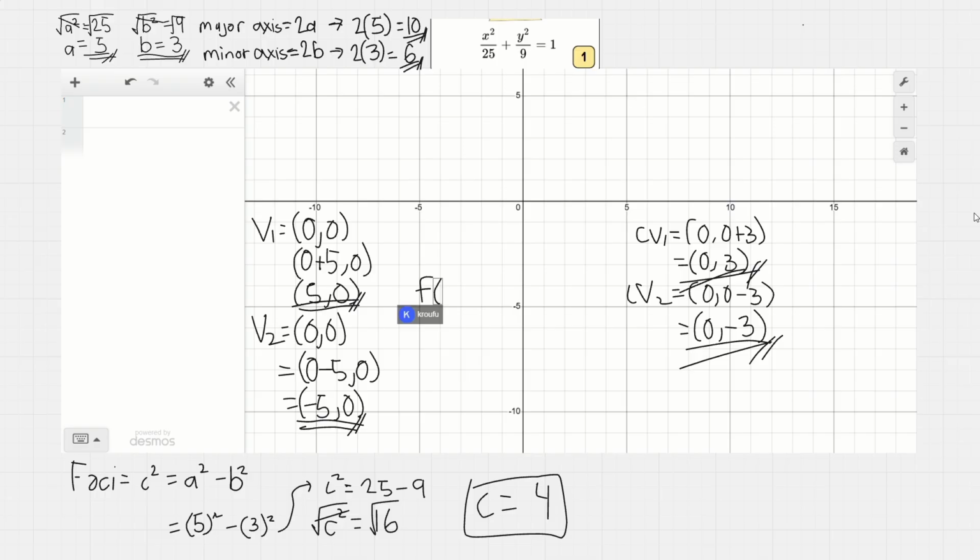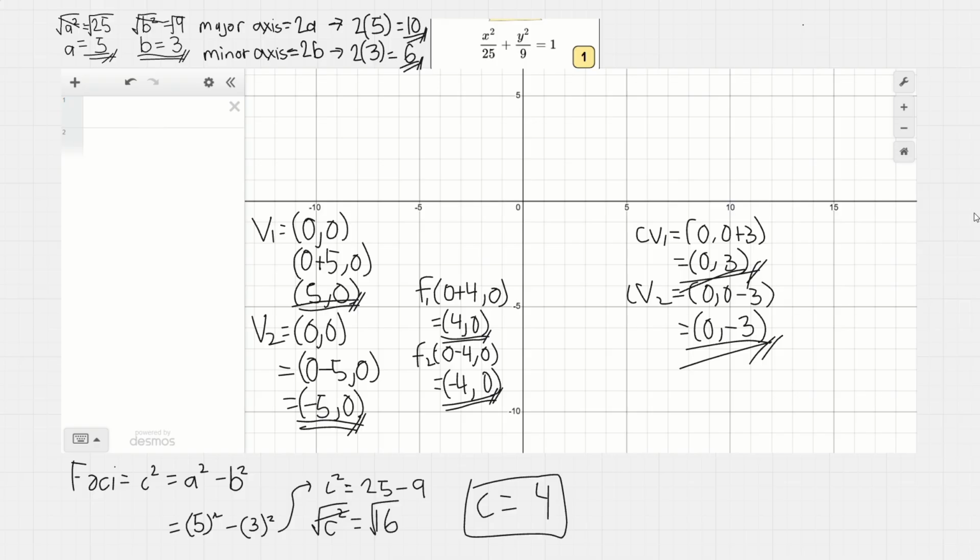The focus will be 0, we start at the center again, plus 4, comma 0. We get the other focus, which is 0, but this time we subtract 4, minus 4, comma 0, which gives negative 4, comma 0. So these two must be our foci.